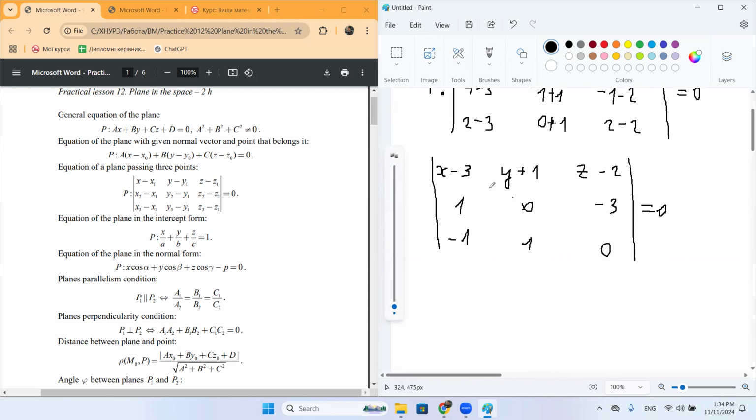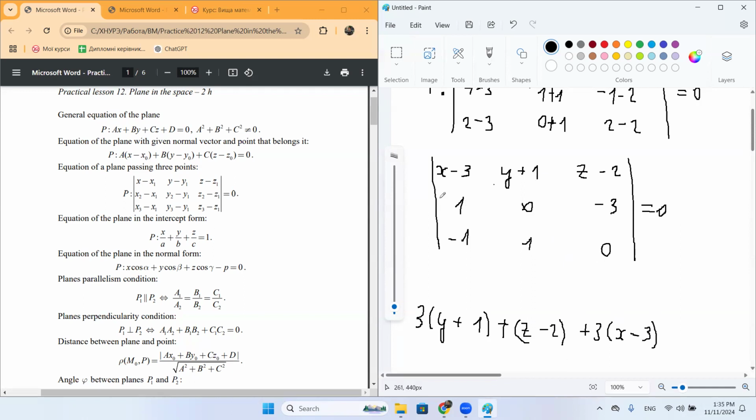So x minus 3, here is 0. 3y plus 1, plus z minus 2, 0, plus 3x plus 3, x minus 3.